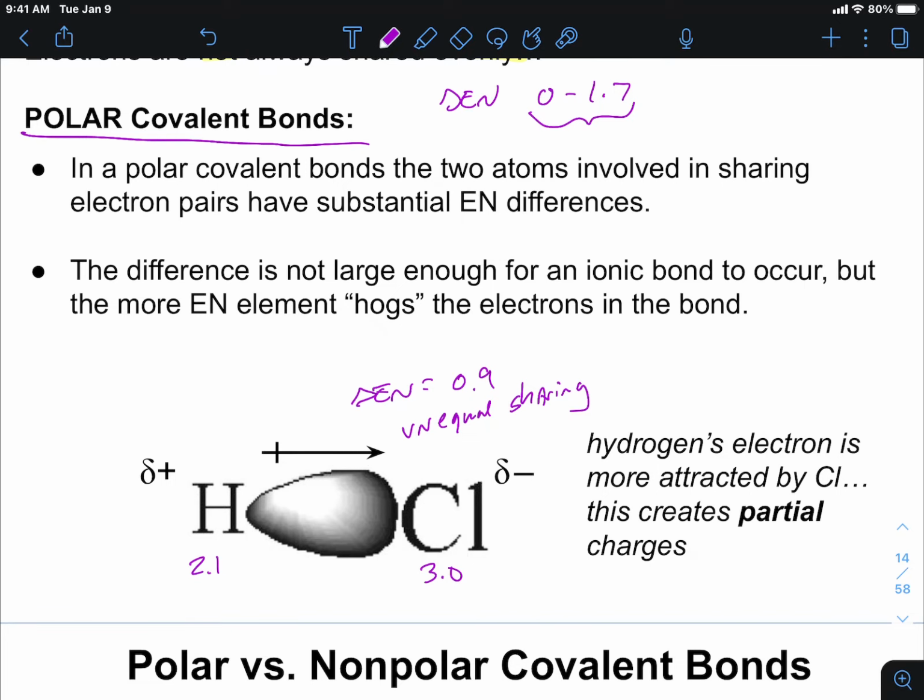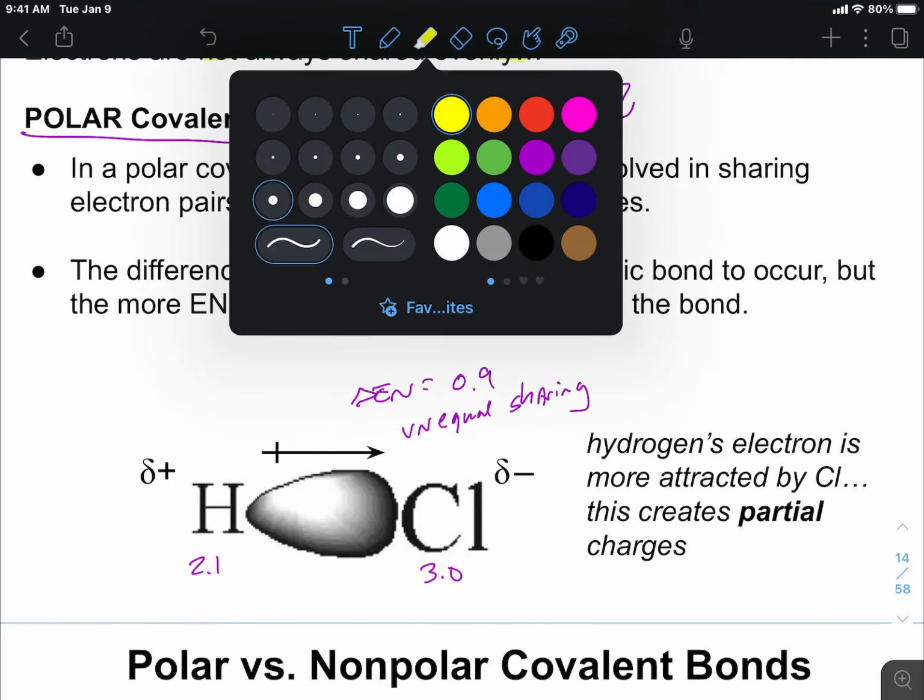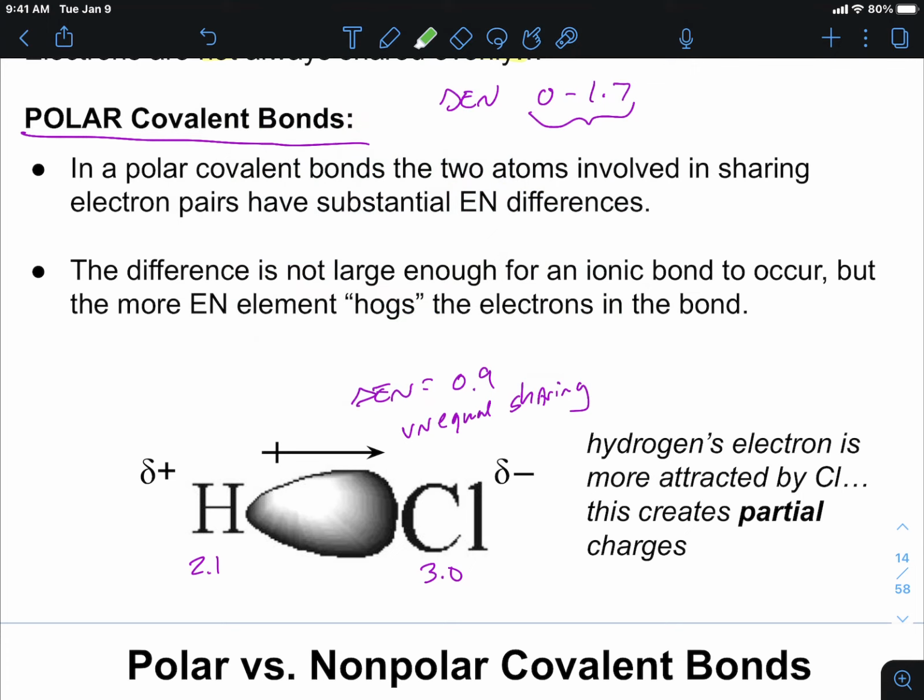Now, when this happens, we end up with partially negative and partially positive sides of a molecule. Okay? So this little figure here that you're looking at, it's called a delta, a lowercase delta. It looks like an eighth note with a charge written after it. That just indicates the different ends of a polar bond.